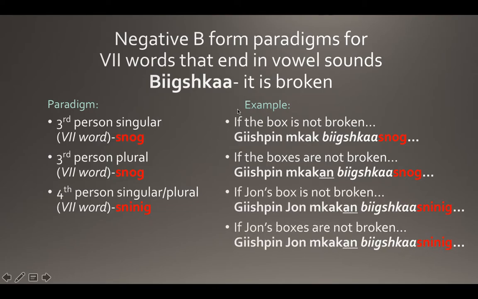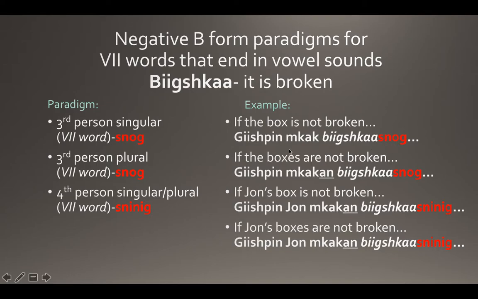So here are our examples. If we were going to say "if the box is not broken," notice how we're using the grammar pattern gishpin, if, and then to make our phrase negative, we're using the negative word not. So "if the box is not broken" in Ojibwe is Gishbin mkuk bikshka snug.